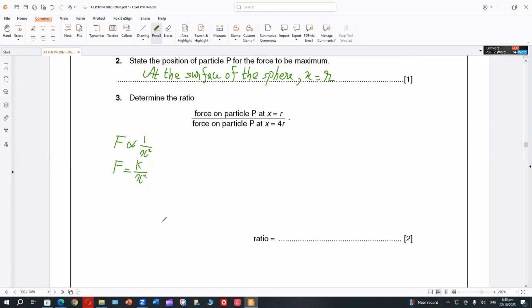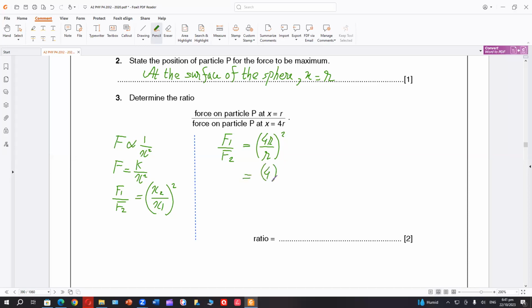If I make a ratio, I can say F1 upon F2 is equal to x2 upon x1 whole square. Look at this, now this is a simple working. The ratio is coming 16.